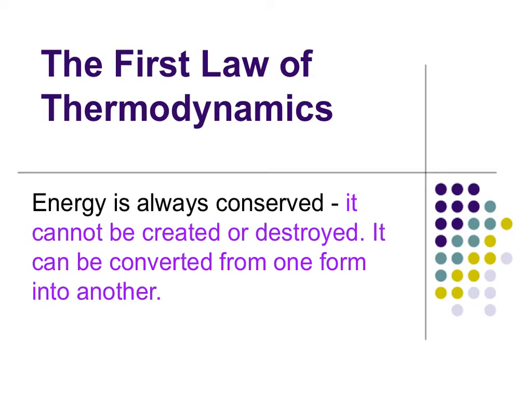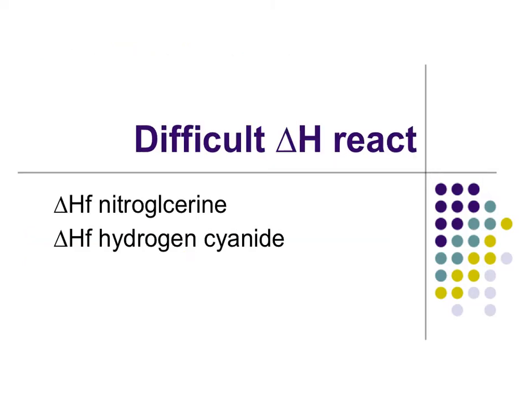Now the reason that we would use this law and draw an energy cycle is because some reactions are explosive or toxic and it's very difficult to measure their enthalpy change directly in the lab. A couple of examples would be the delta HF of nitroglycerine. Well, it's explosive, very difficult to measure in the lab.